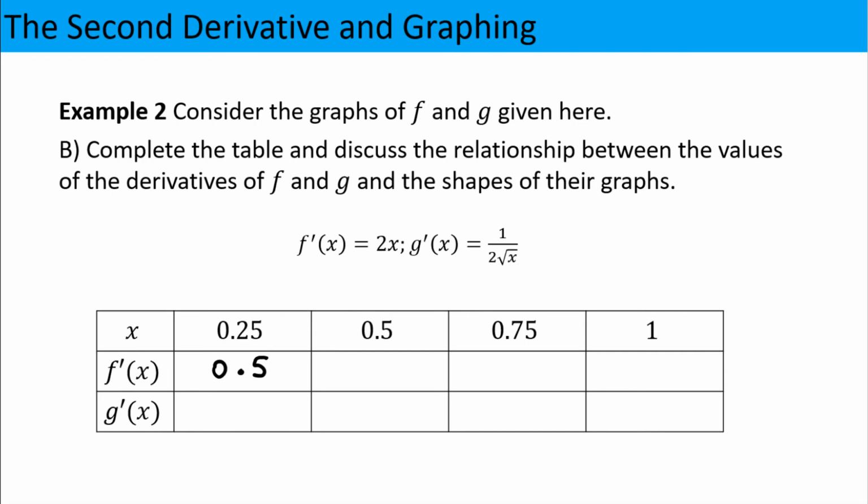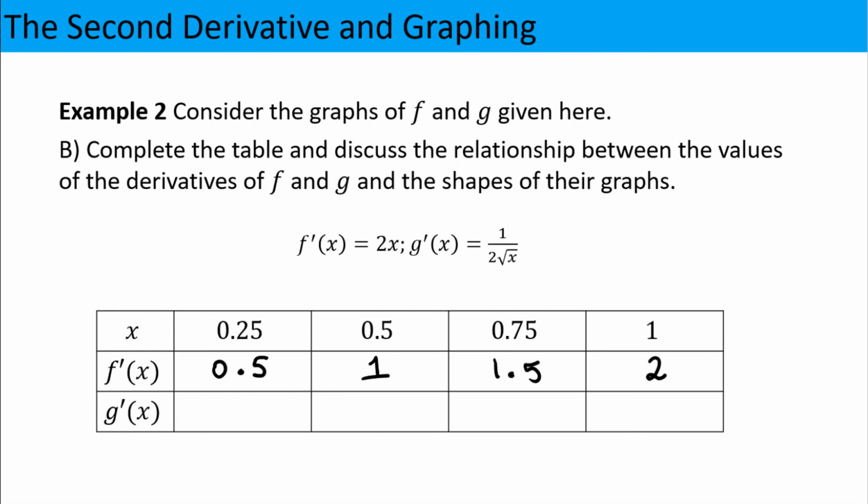The derivative of f evaluated at 0.5, that's going to be 2 times 0.5, which is 1. The derivative f prime of x evaluated at 0.75 is 1.5, and the derivative f prime of x evaluated at 1 is 2.